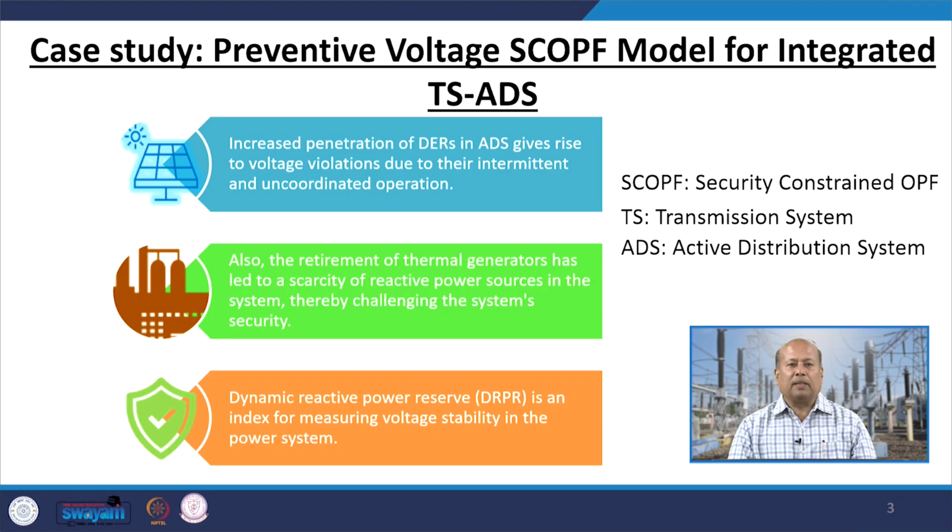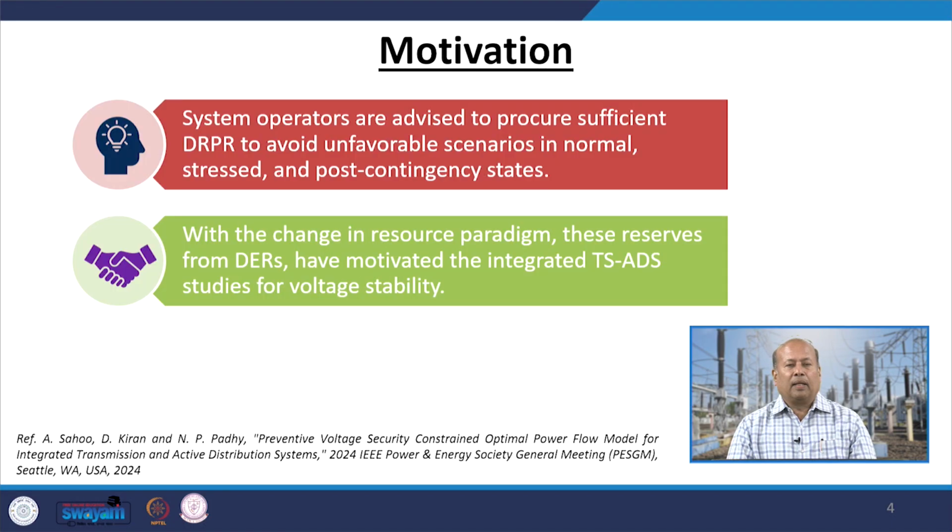So, we need to understand DRPR to measure whether the dynamic reactive power reserve is enough or whether it is less than what is available to the network for stable operation. The motivation is that system operators are advised to procure sufficient DRPR to avoid unfavorable scenarios in normal, stressed and post contingency states.